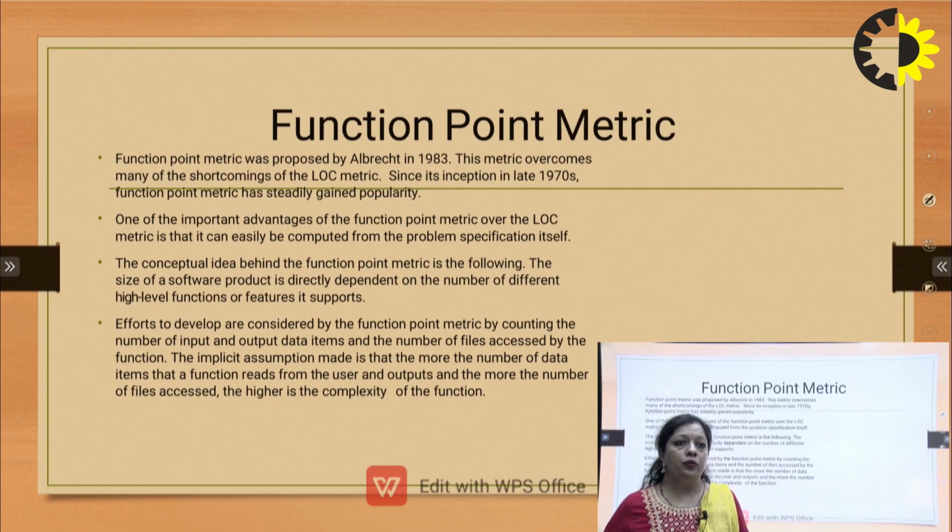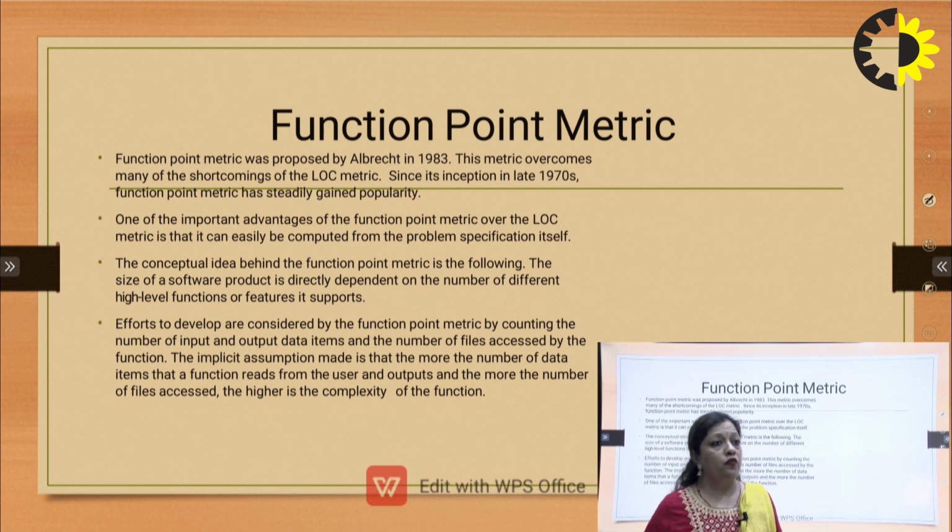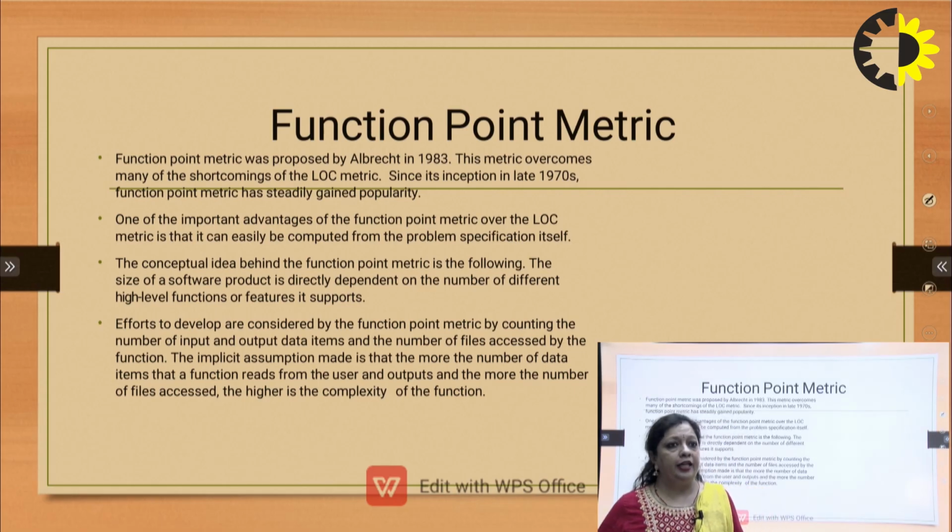So in order to overcome this limitation, we came across this topic, which is the function point metric. The function point metric was proposed by Albrecht in 1983, and its main aim was to overcome the shortcomings of the LOC, that is the lines of code metric.